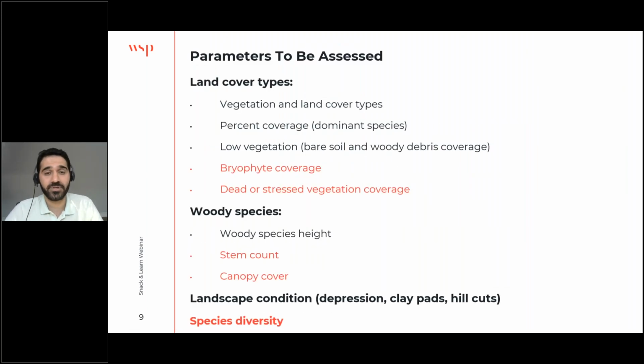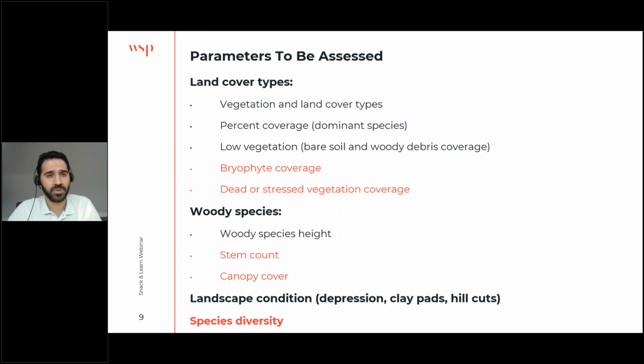After several discussions, we submitted a proposal to our client, and here are the parameters we assessed. You see 4 main categories: land cover types, woody species, landscape condition, and species diversity. Each of them has some sub-parameters that we assess under each main category.